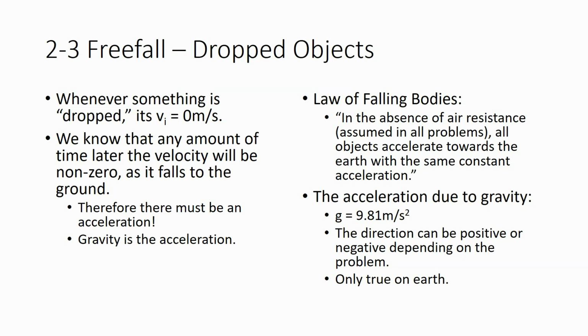The only thing is, we must maintain that direction at all times. If we say in the beginning that down is positive, then throughout the entire problem, down must remain positive. And this acceleration of 9.81 meters per second squared is only true on planet Earth. Every other body in the universe has a different acceleration.